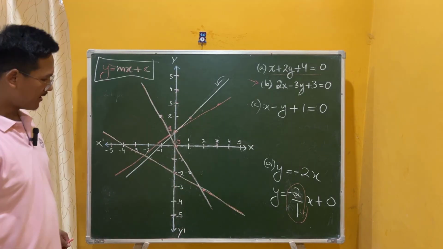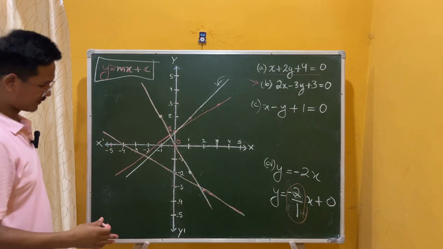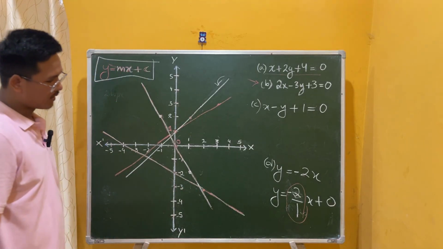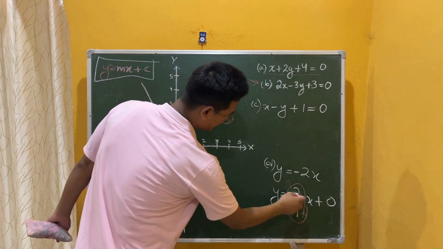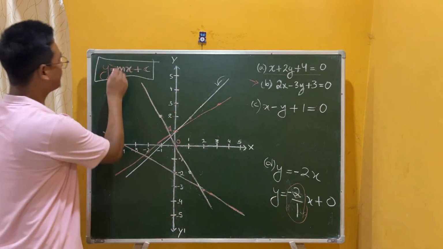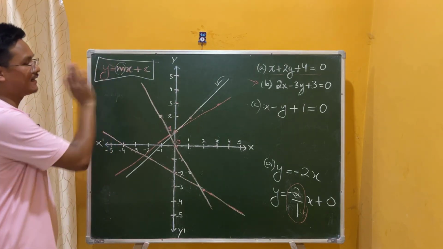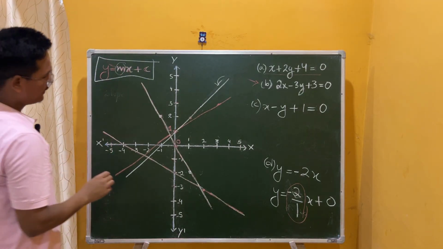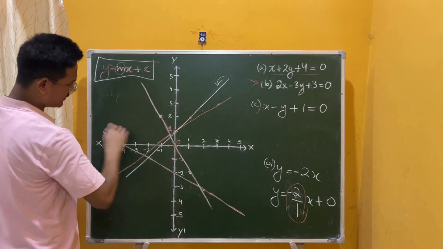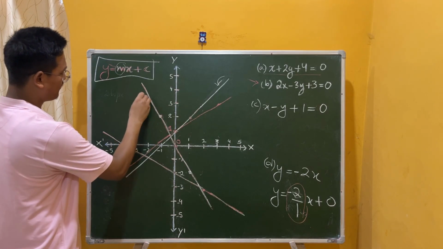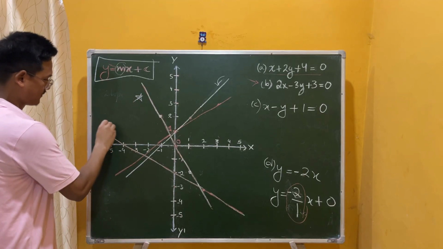So now the thing to notice here is that whenever the coefficient of x is negative, means whenever m, the slope, is negative, the line that you draw is going to be in this direction, like this one and this one.